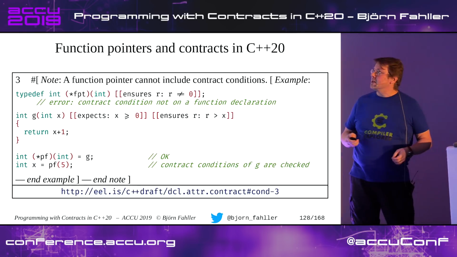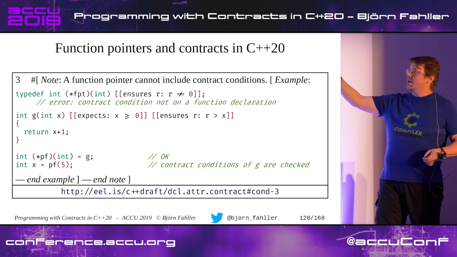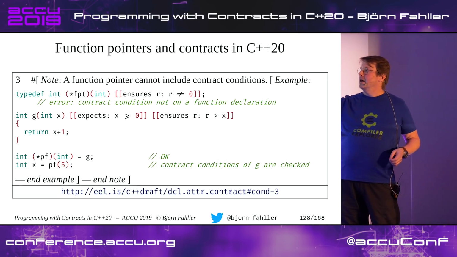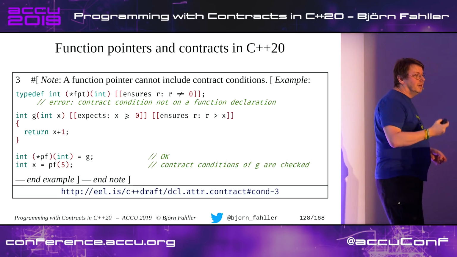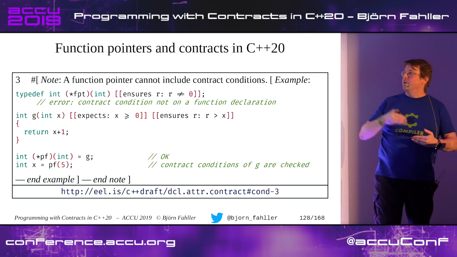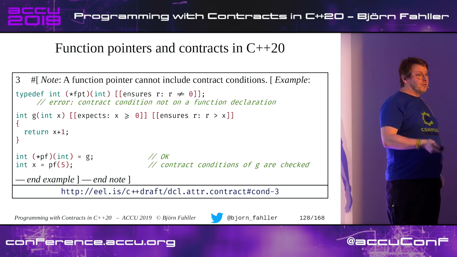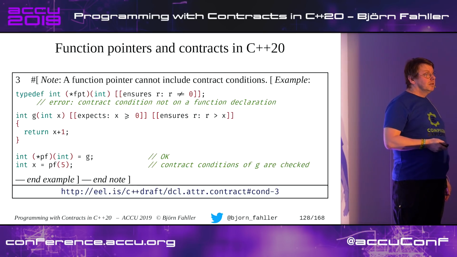And then we see that we have this function G that has contracts, and we have a function pointer PF. It's perfectly okay to assign PF to refer to the function G. And it's okay to call it, and the contracts will be checked.